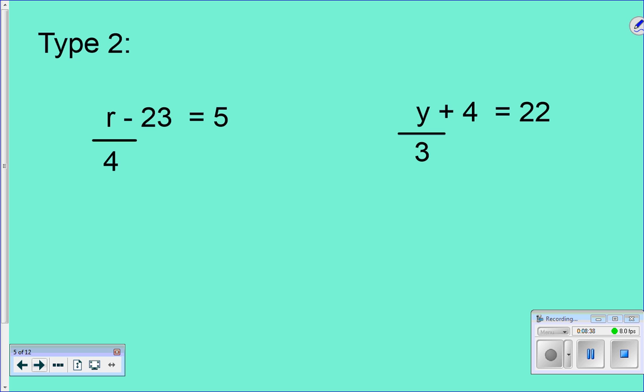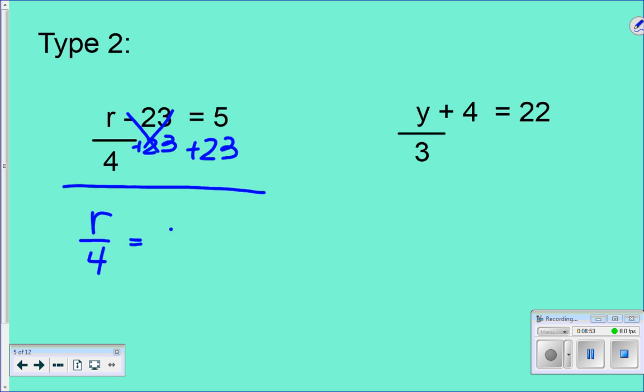There was one of them yesterday. So first thing I'm going to do, I'm going to add 23 to both sides. And I have this left: r divided by 4 equals 23.